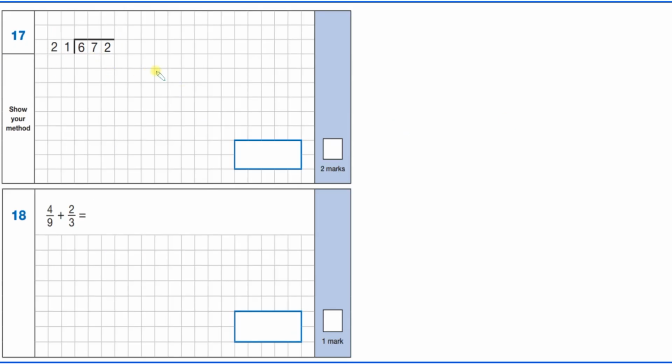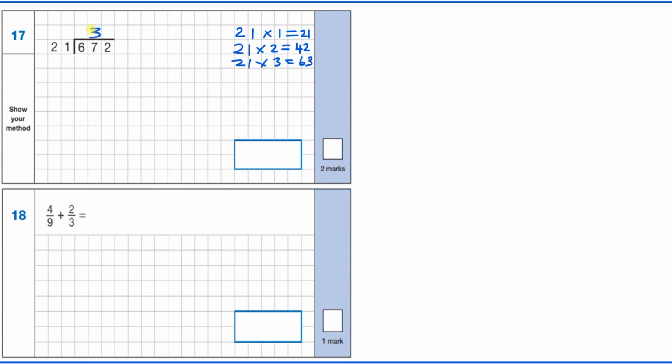Question number 7. It's a 2-digit division. Let's do that one. So 21, you need to write 21 times 1 is 21. 21 times 2 is 42. 21 times 3 is 63. Now I think 21 times 3 fits into this one because of 67.